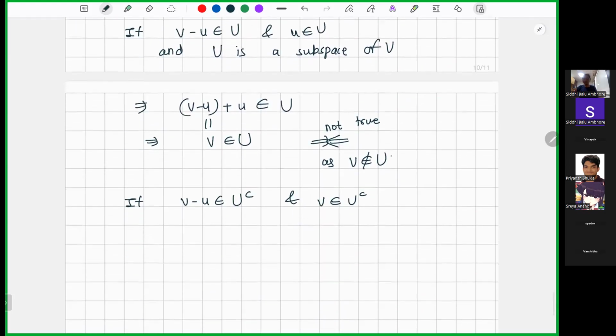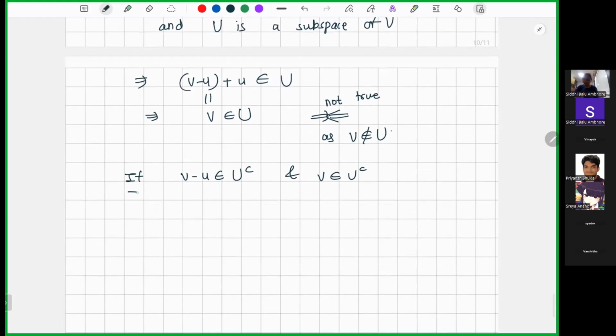So I have v minus u belongs to U complement and v belongs to U complement. So this also implies that this belongs to U complement union W, and v belongs to U complement union W, right? Is there any doubt here so far?